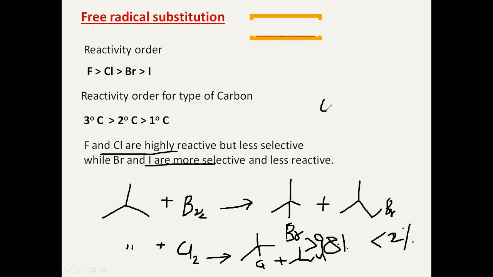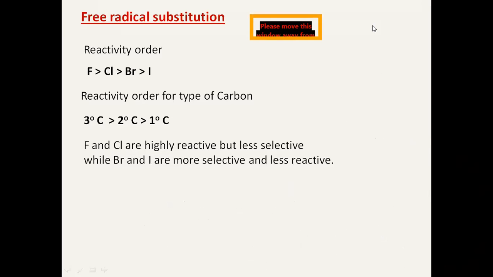This will be almost about 90%, and that will be 10%. Which one is 10%? This one is. So this is called less selectivity. Chlorine is less selective because it is highly reactive, therefore it will attack here and here also. While bromine, being less reactive, is more selective, therefore the higher product is always in high amount or high percentage.